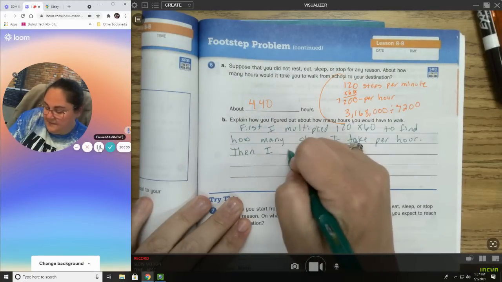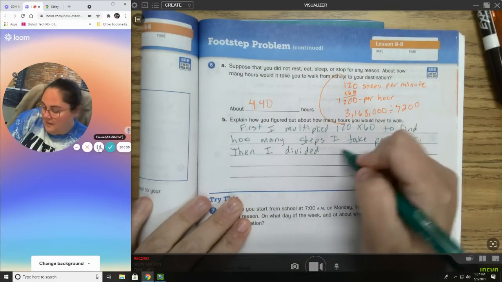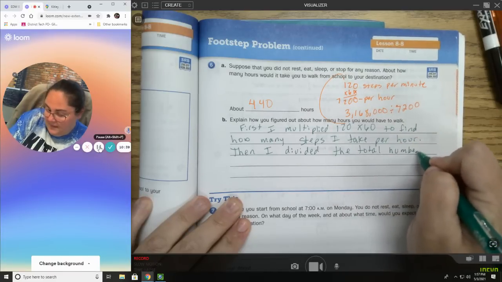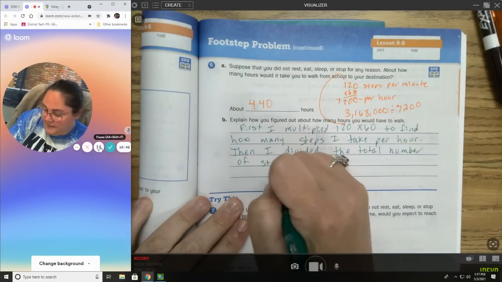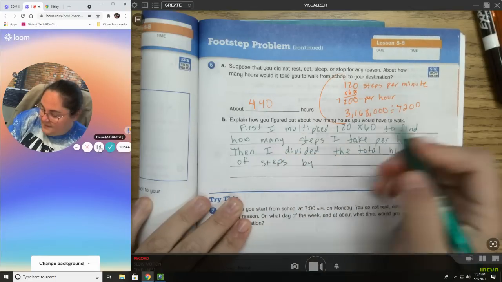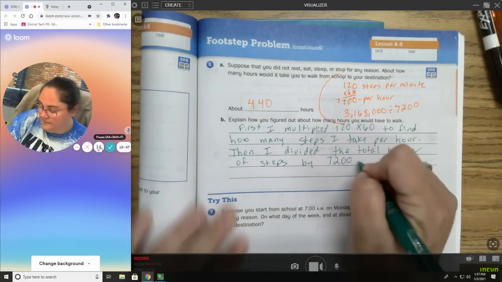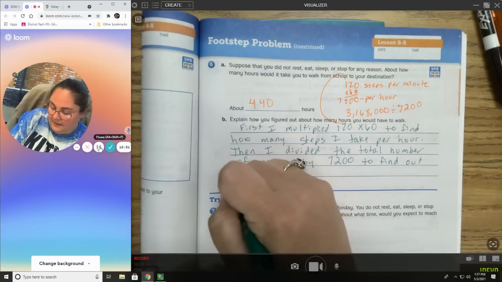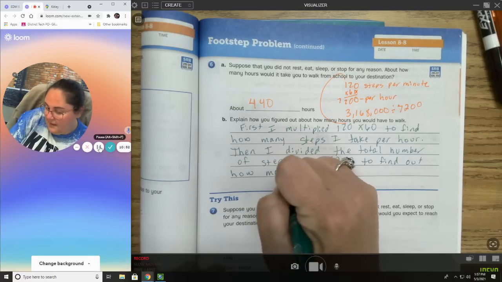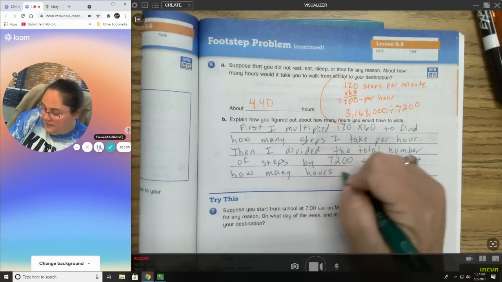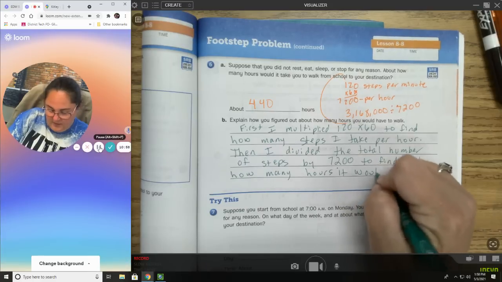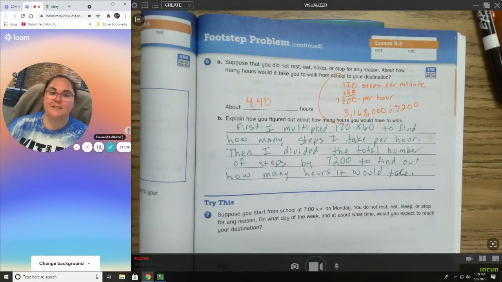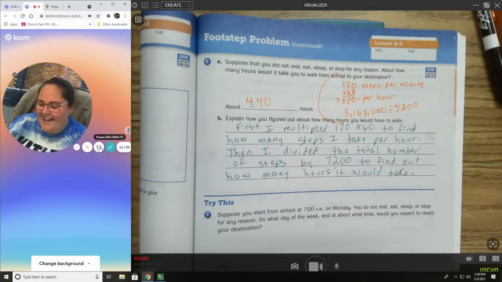Then I divided the total number of steps by 7,200 to find out how many hours it would take. Oh, goodness gracious. It's a lot of time.